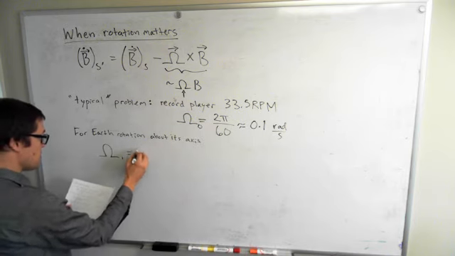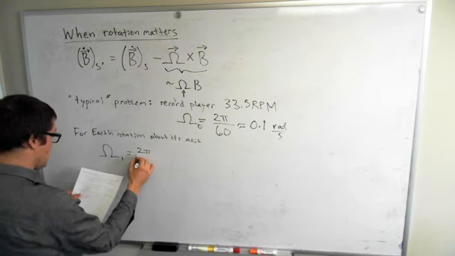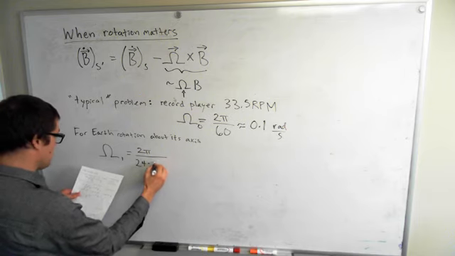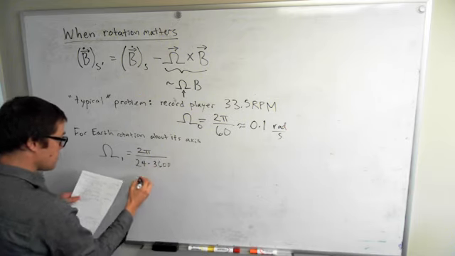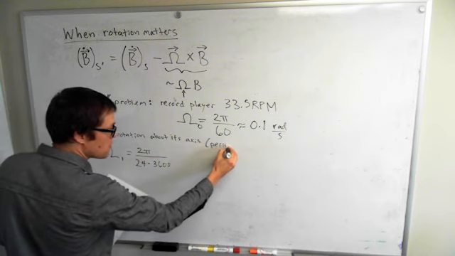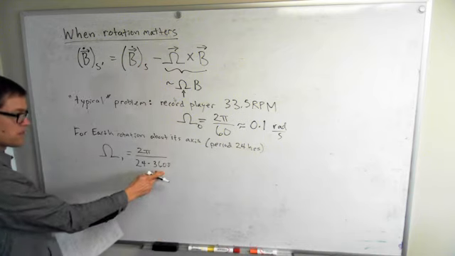It does 2 pi radians in 24 times 3600 seconds, that is 24 hours at 3600 seconds per hour.